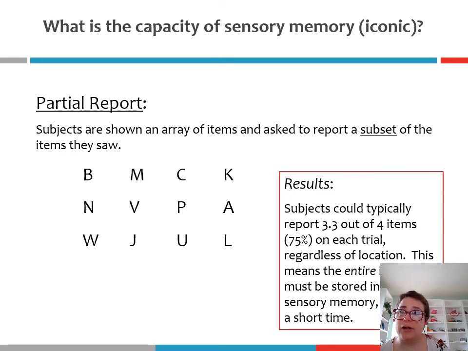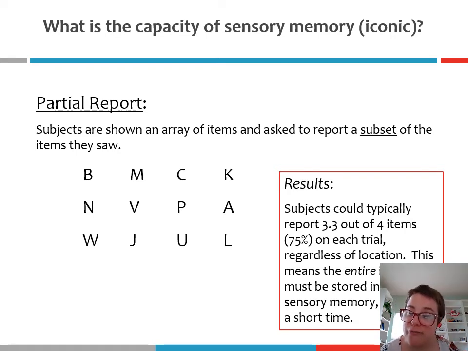It matters because of what they were able to do. The most important part of this is that participants could report 3.3 out of 4 letters regardless of which row they were asked to report.